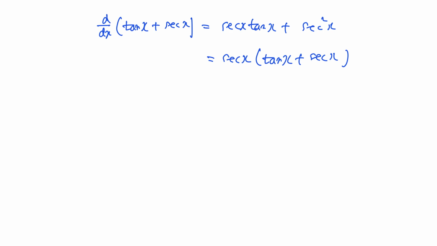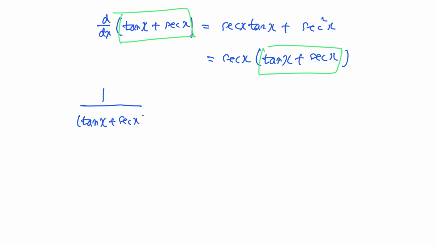So this is a common term. If we divide by tangent x plus secant x on both sides, we get 1 over tangent x plus secant x times d/dx of tangent x plus secant x is secant x, which is 1 over cosine x.